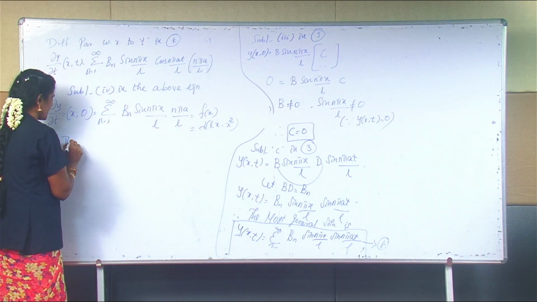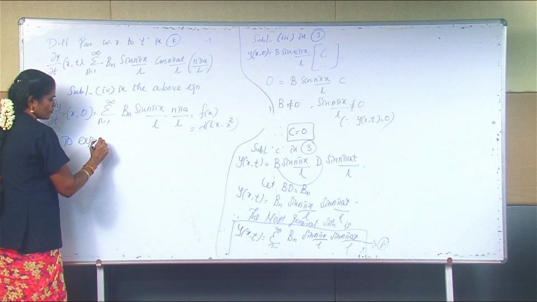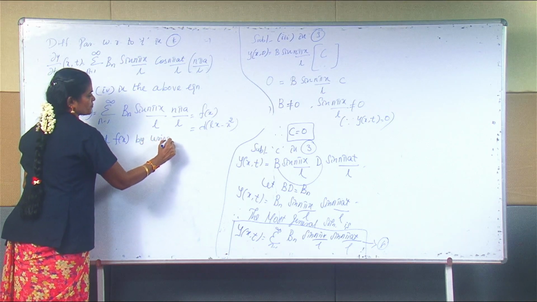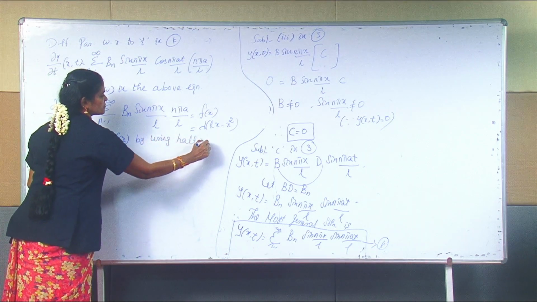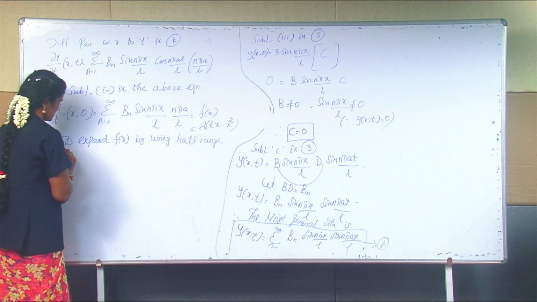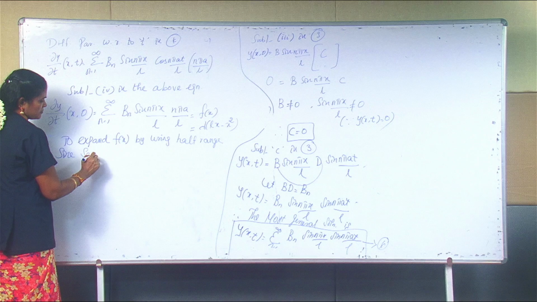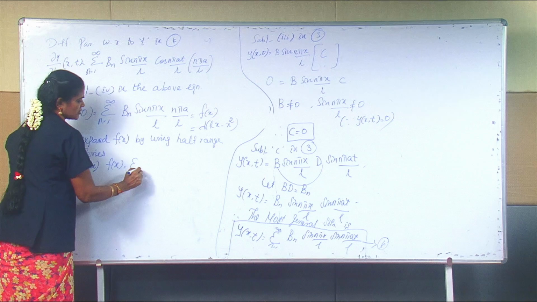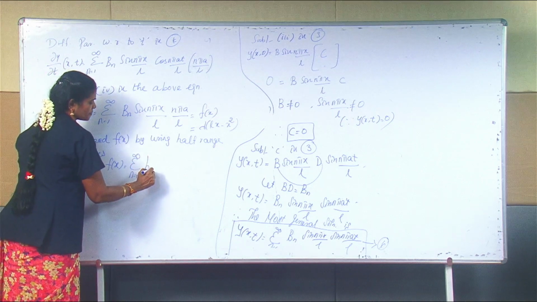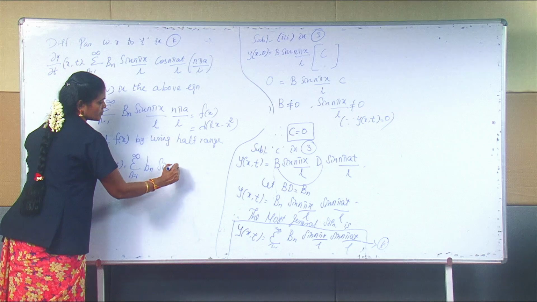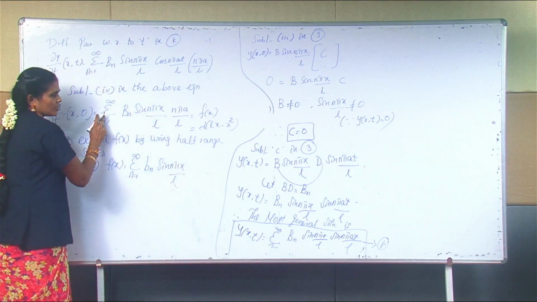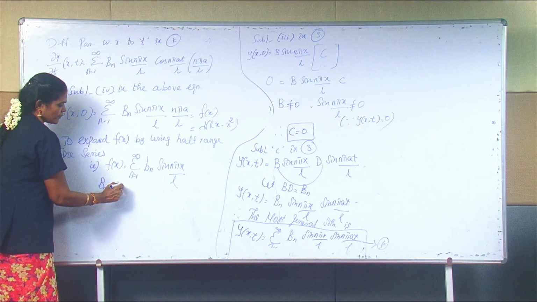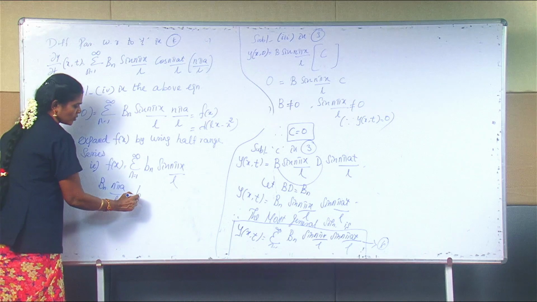That's why you have to expand your f of x by using half range sine series, that is f of x equal to summation n equal to 1 to infinity bn sin n pi x by L. If you equate these two, you will get your capital Bn into n pi a by L equal to small bn value.